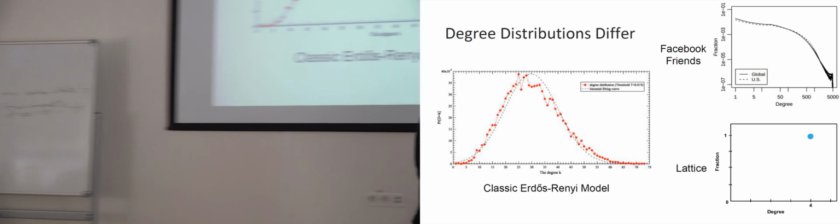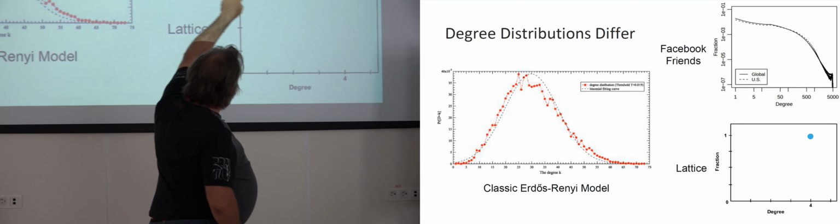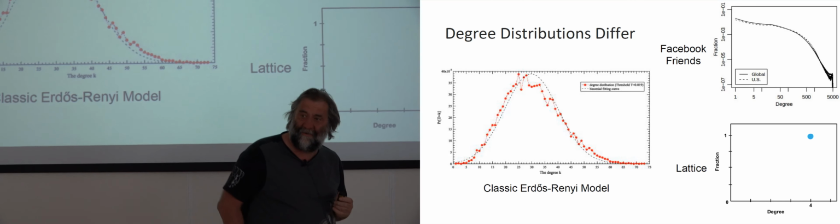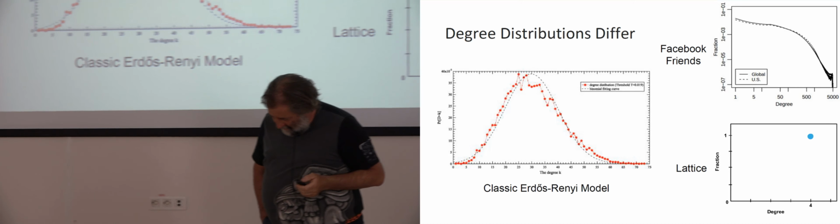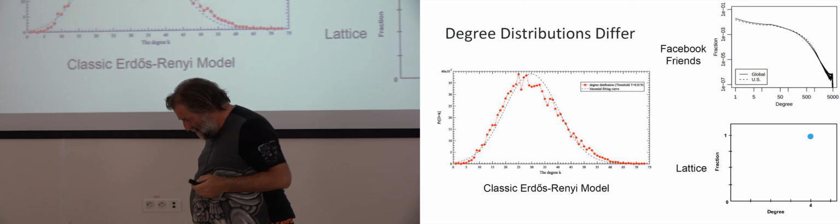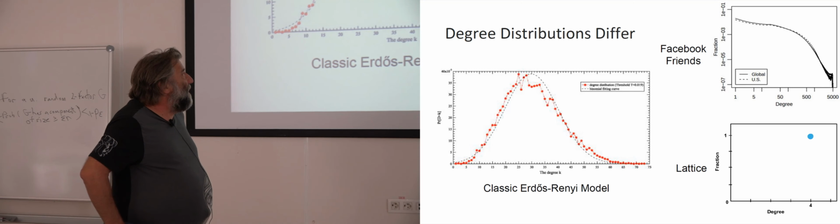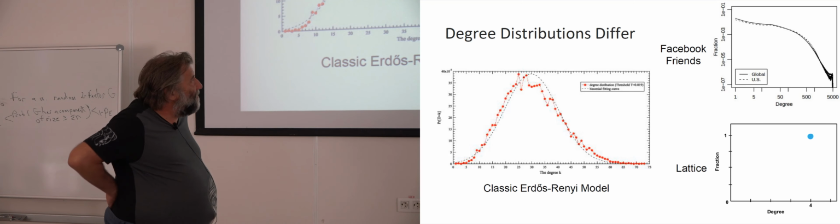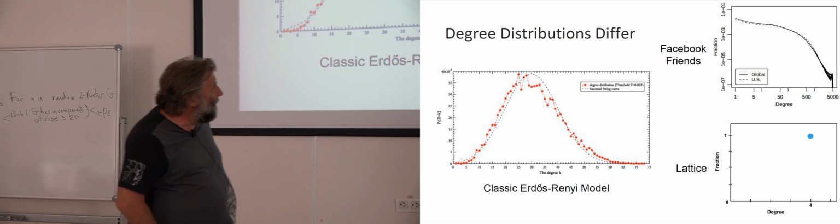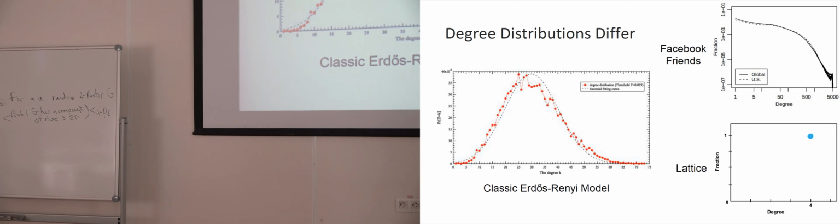This is Facebook friends, and it sort of looks like a power law with the proportion of vertices of degree k like k to the minus alpha for some alpha. Except we see two things here.